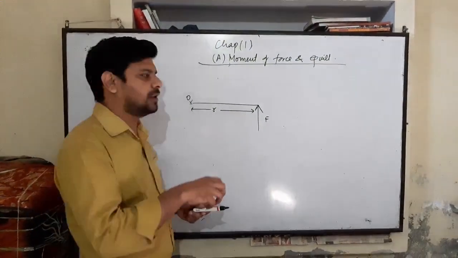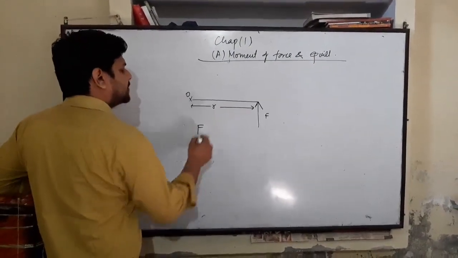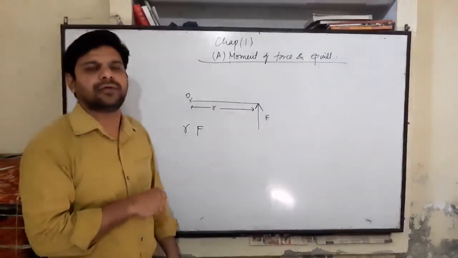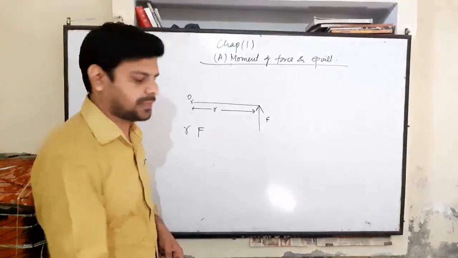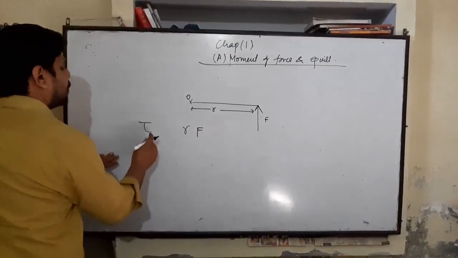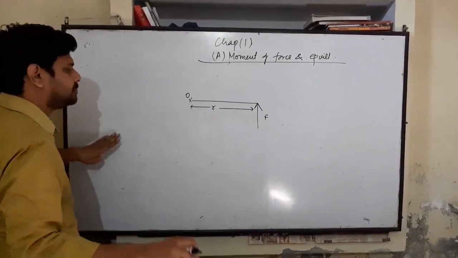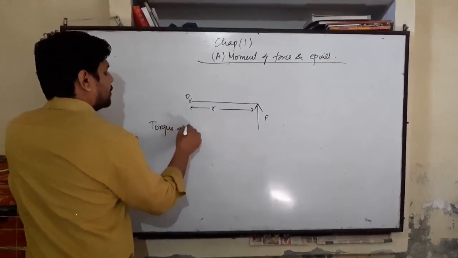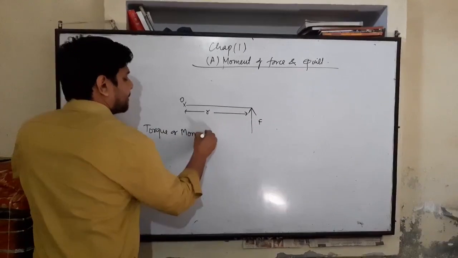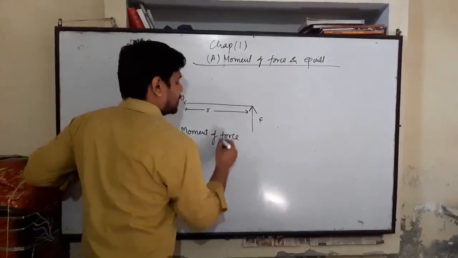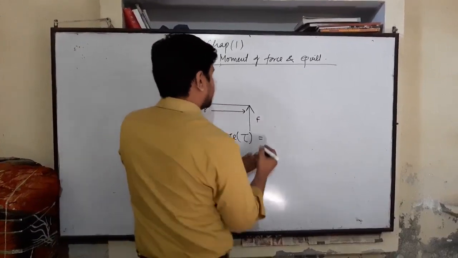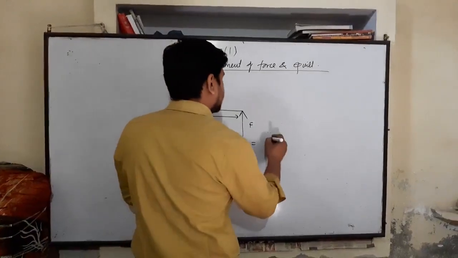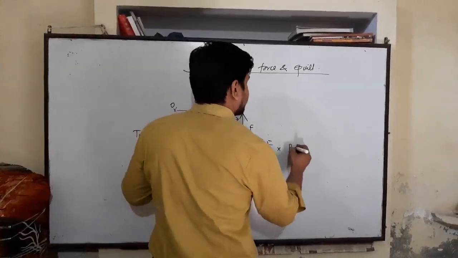The combined effect of force and this distance is called moment of force or torque. So torque, or moment of force, symbol tau, is equal to the product of force and perpendicular distance.